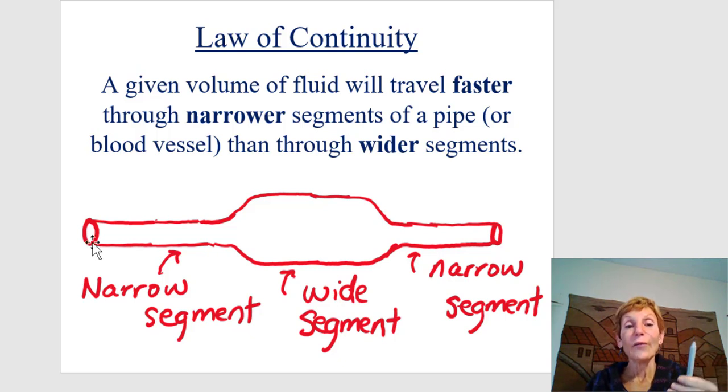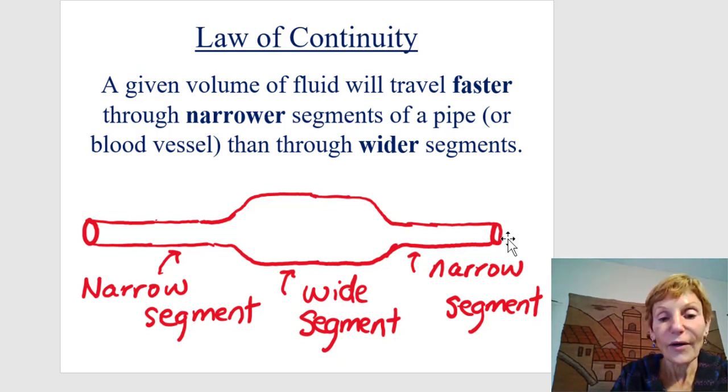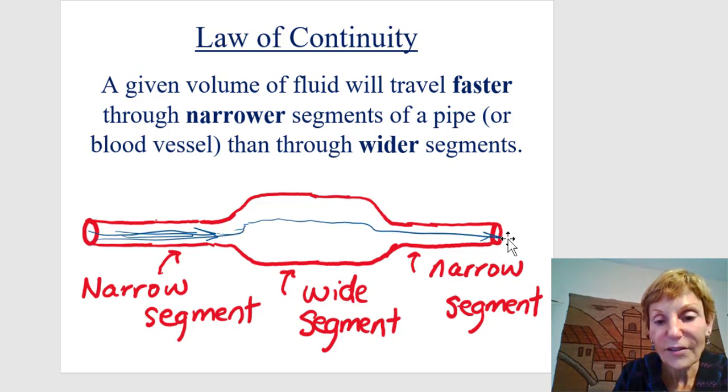It will go through this narrow segment faster, and then will slow down over the wide segment and then speed up again. So it'll kind of go like this. It'll go at a fast rate through here, really fast rate through here, and then go slow as it goes through here, and then boom, speed up again. So fast, slow, fast, like that.